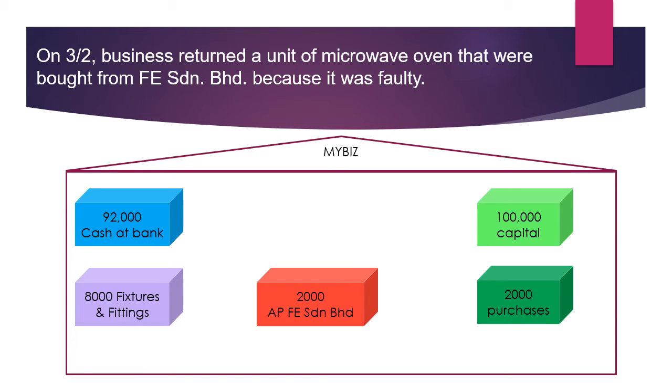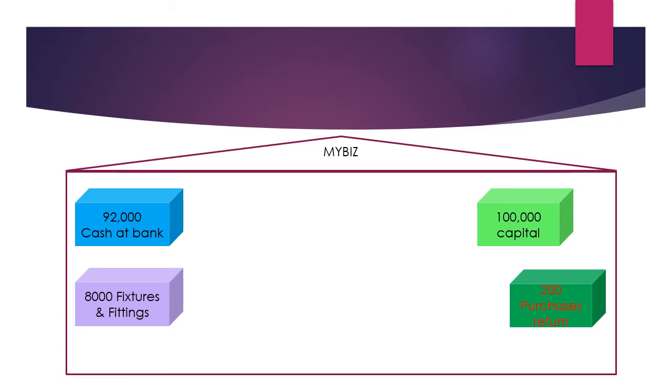Another example. If you return that particular microwave oven to the supplier, FE Standard Berhad, because it was faulty, when you return it, you will decrease the amount of purchases, but we do not deduct from the purchases account.